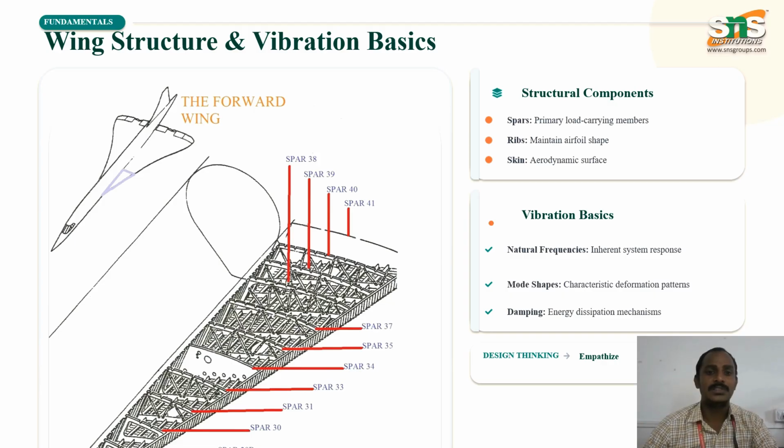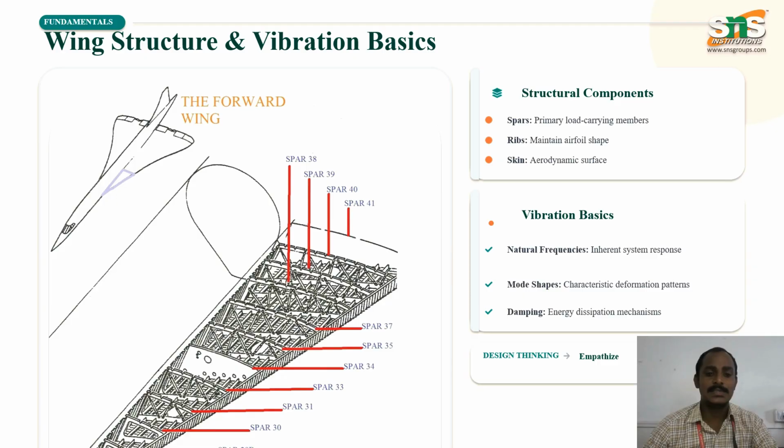Every wing possesses natural frequencies, which represent its preferred vibrating patterns. Associated with each natural frequency is a mode shape that describes how the wing deforms. Damping mechanisms, including material damping and aerodynamic damping, help dissipate energy and reduce excessive oscillation in the wing.